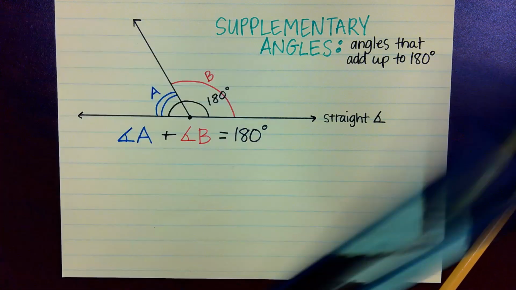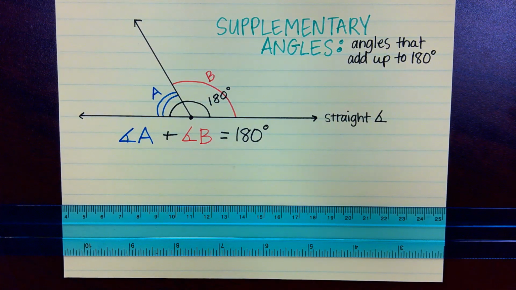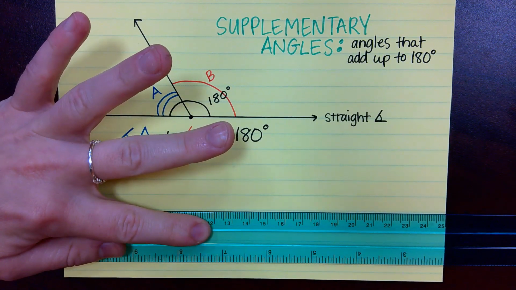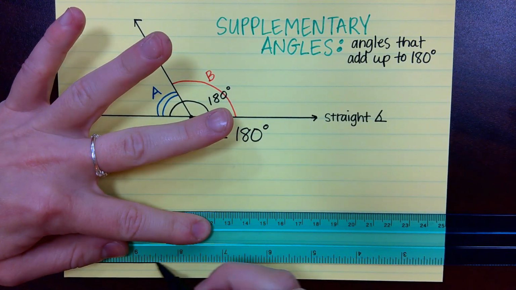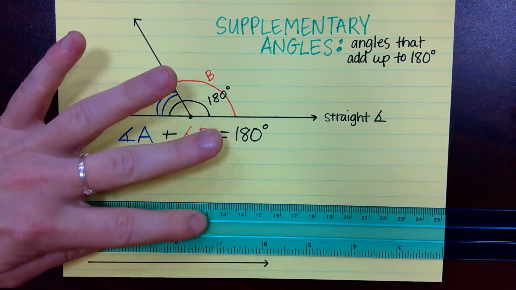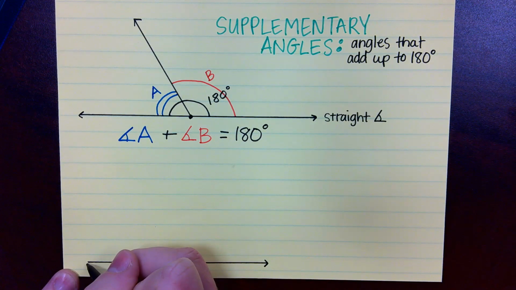We're going to construct a 90-degree angle. Okay, what is a 90-degree angle called? A right angle. Perfect.